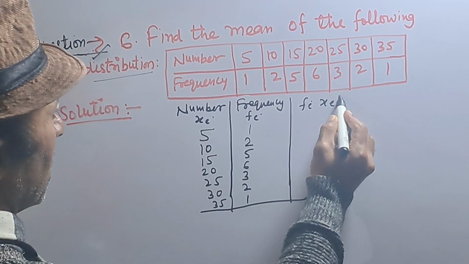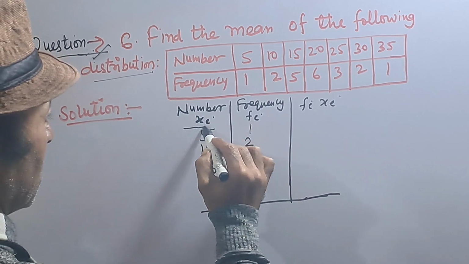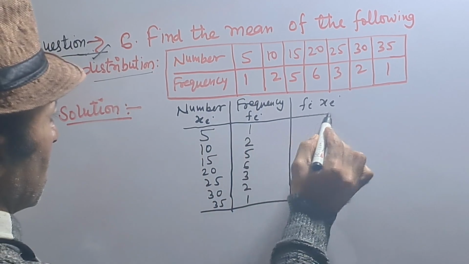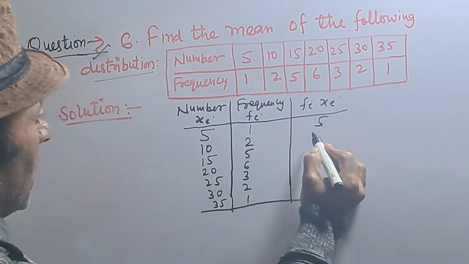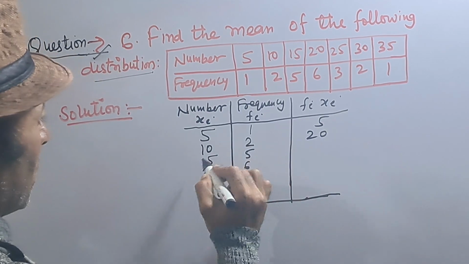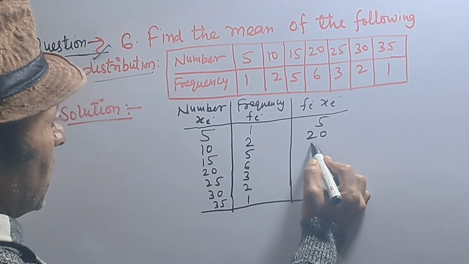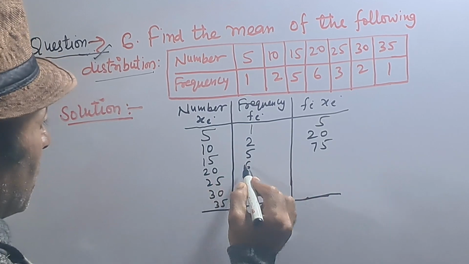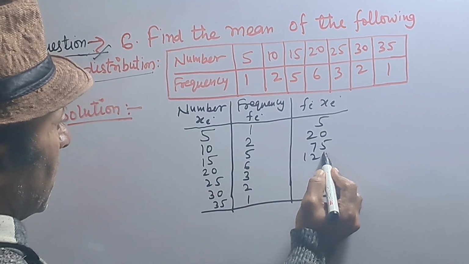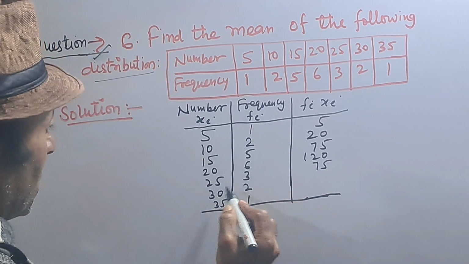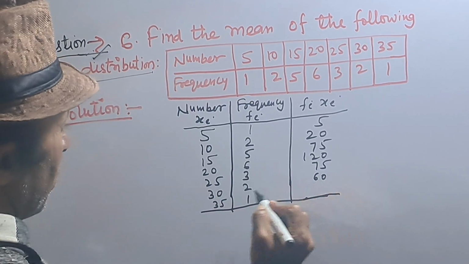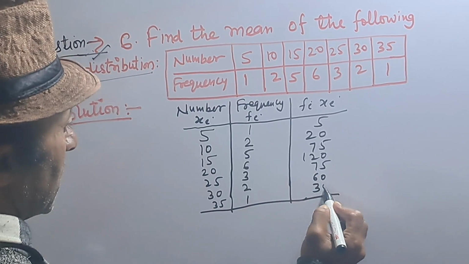fi xi. 5 ones are 5, 10 twos are 20, 15 fives are 75, 20 sixes are 120, 25 threes are 75, 30 twos are 60, 35 ones are 35.